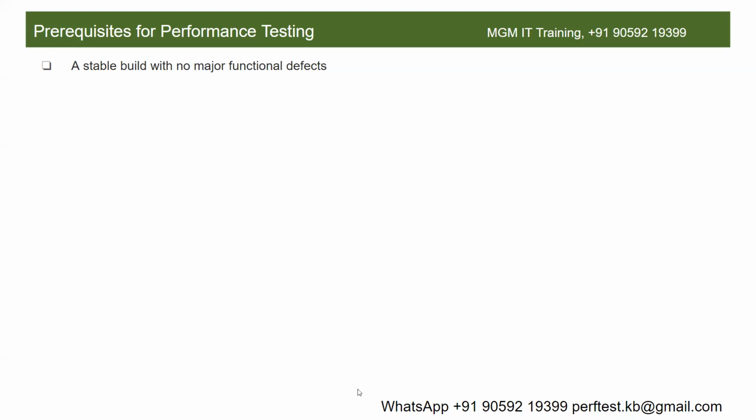Yes, am I audible? Yes. And also a stable build. A stable build means every time a new feature is added or some new version is released, we call that a build, a new build or version. So a stable build means the version should be stable with no major functional defects.